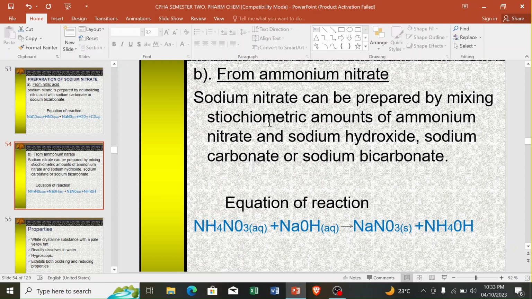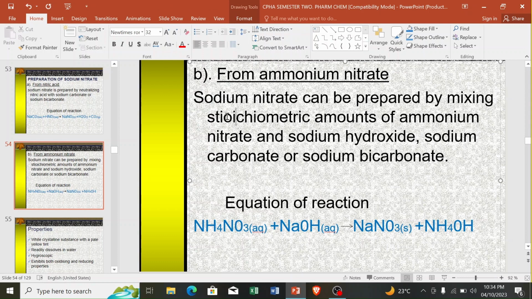We are going to have another presentation on different methods of assay and what they mean. So stoichiometric, we can have an I here instead, to make the correct stoichiometric amounts of ammonium nitrate and sodium hydroxide. So sodium carbonate or sodium bicarbonate.